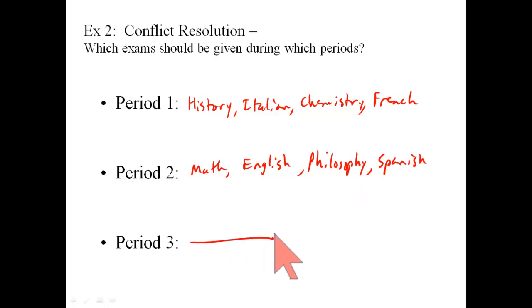And period number 3 is actually not needed. Okay, that finishes the second example. So you should be able to do problems like this, taking the table and converting to a graph, doing the coloring, or perhaps vice versa, taking a graph and translating it back into a table form.